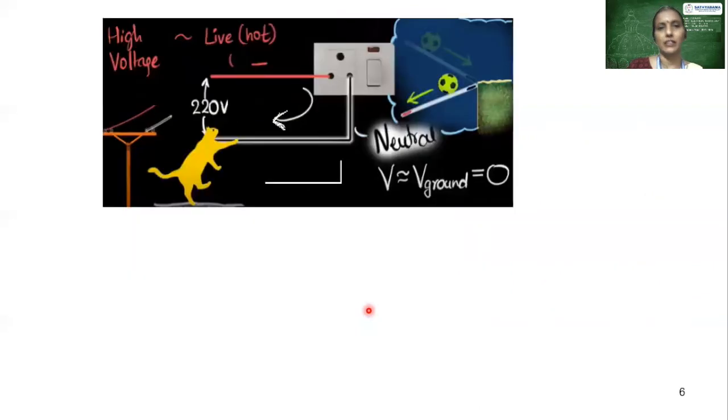Now coming to the next thing. Let me have a cat here. It's a naughty cat which comes into touch with the wire. Let me assume the insulation of the neutral wire has failed, and this cat is touching the metal part of this particular neutral wire. This cat is at ground potential.